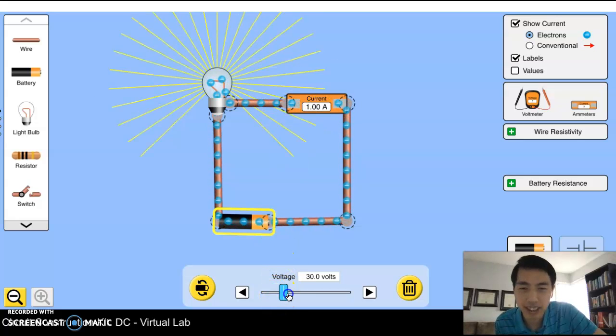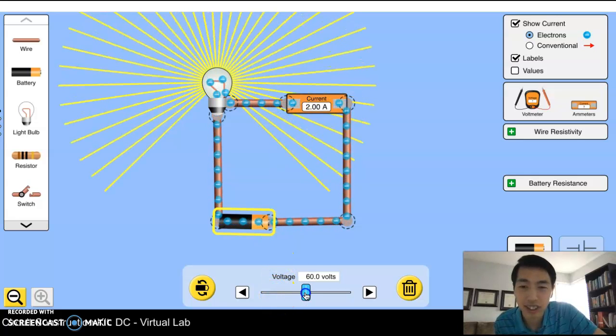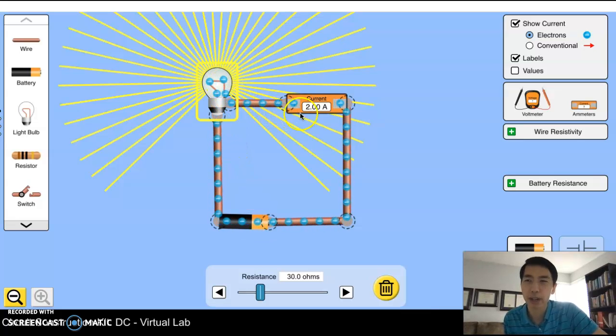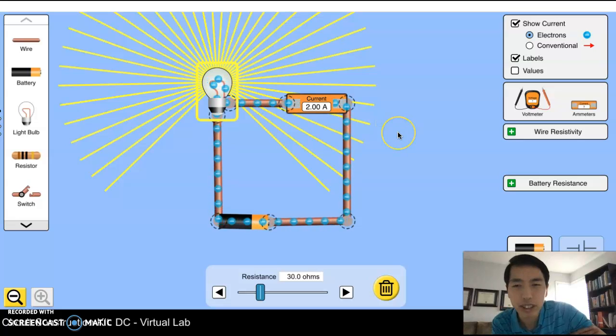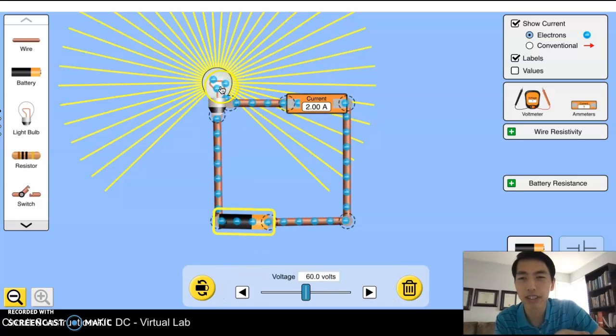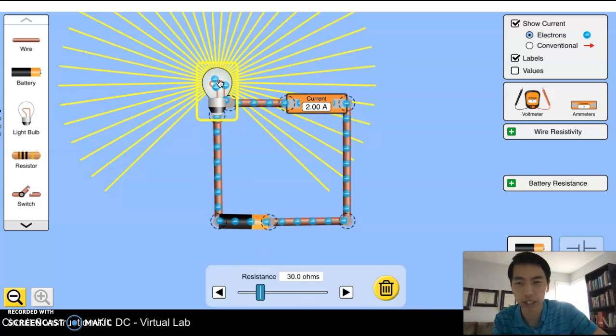I'd have to make this 60 volts. There you go. 60 volts divided by 30 ohms, 60 divided by 30 gives me 2 amps. So that's the only way I can control the current in a circuit, or in a part of a circuit, is if I choose my voltage values and resistance values carefully.